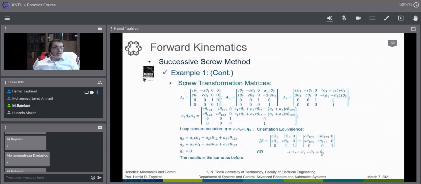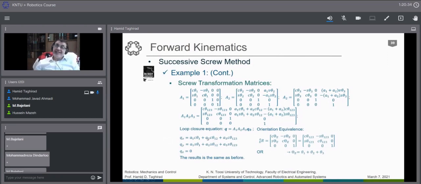The simplest possible forward kinematics that we have. Now, if Qx is given and we would like to find theta 1, theta 2, theta 3, this is a nonlinear equation. The inverse problem is nonlinear since we have cosine, and it is trigonometric. So it is not very simple. It might have a solution, it might not have a solution.